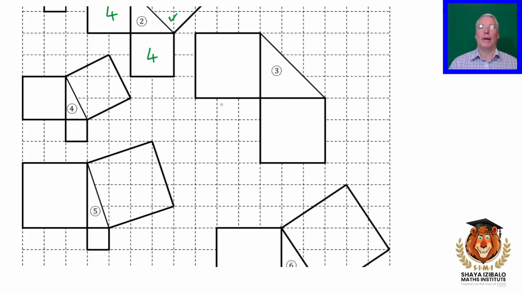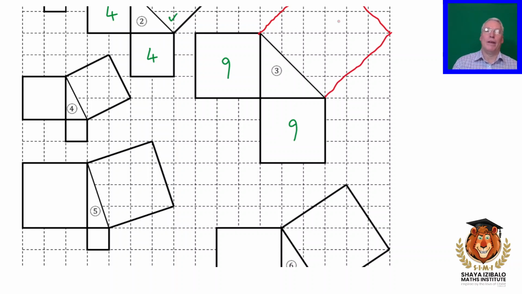Okay, so let's look at this next one. We haven't drawn in the square on this side, but this one is 3 times 3, this one's 9, and this one's also 3 times 3, it's 9. I'm going to quickly try and draw in this square, and it actually is going to go up there, and there, and there.